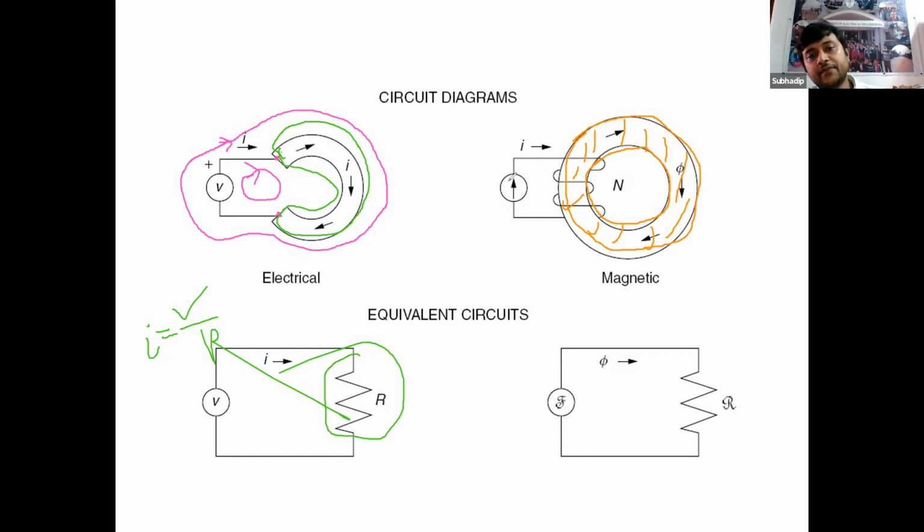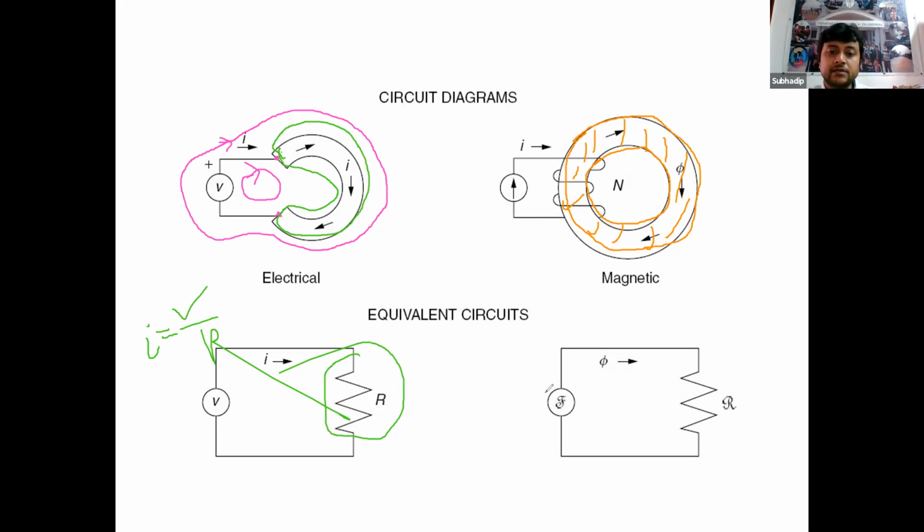Now, similarly, for the equivalent circuit of the magnetic circuit, you see the magnetic force.